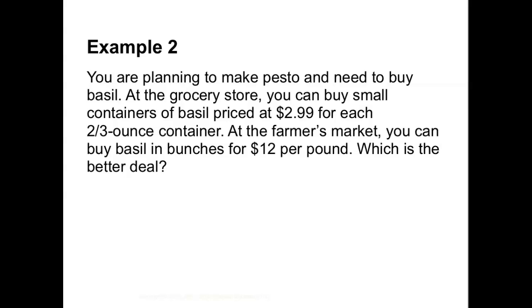So anytime you're trying to make a comparison, you just need to get the same units to compare, right? So here are the units we have right now. We're given grocery store units, which is $2.99 per, remember per means divide, 2/3 ounce.